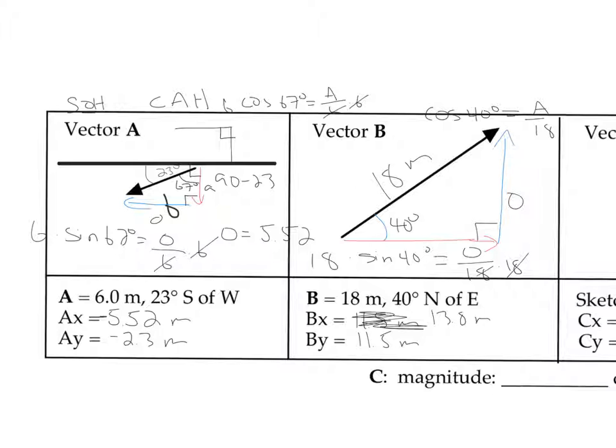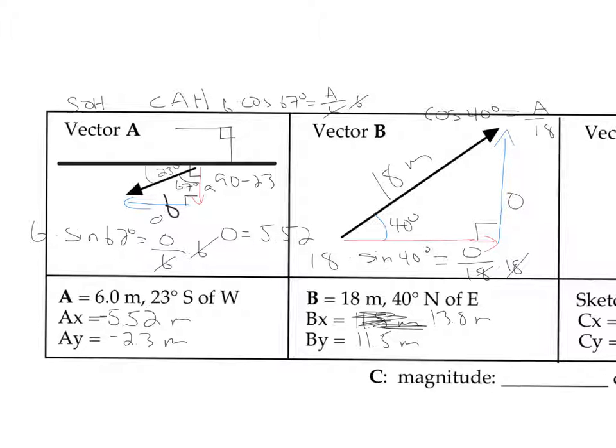So what I'm going to do now is I'm just going to add these x components together. In other words, this blue plus this red give me what? Well, they're going opposite directions. So are they going to add together or subtract? Well, they're going to subtract from each other. So I can see here that I've already got the negative sign in. So mathematically, I can just do 13.8 plus this negative 5.52.